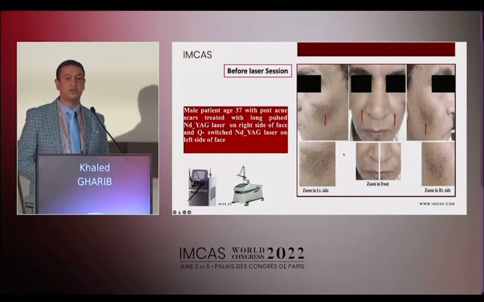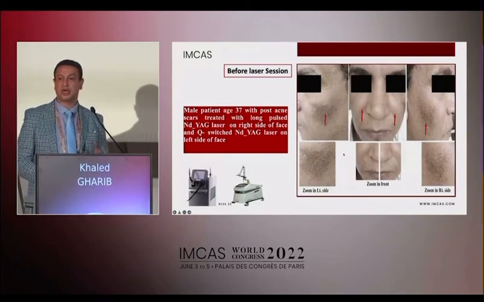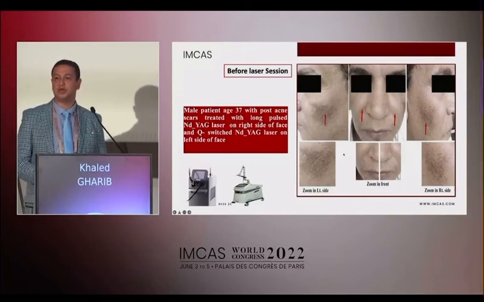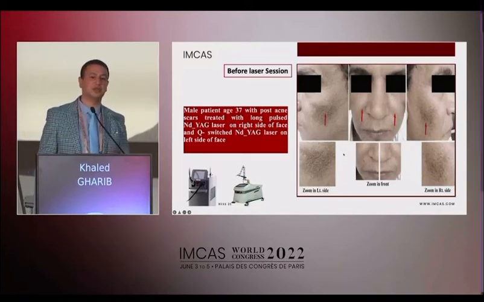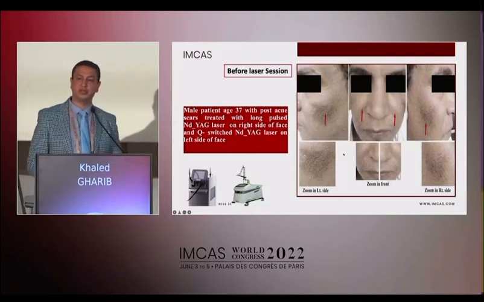Here is an example of a 37-year-old patient. On the right side, we used long-pulsed NdYAG, and on the left side, Q-switched. This is a difficult equation, because our patients' skin is usually Fitzpatrick type 4 and 5, where inflammation and side effects are more common.